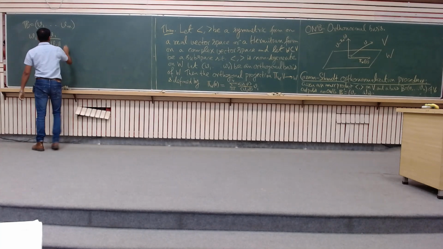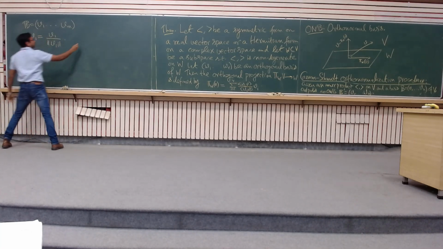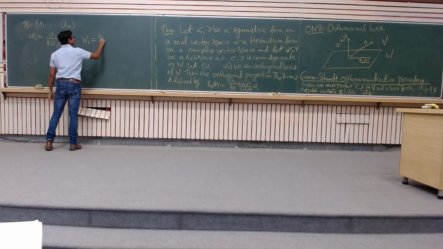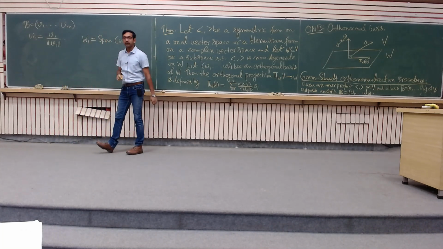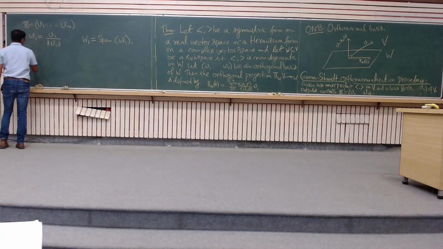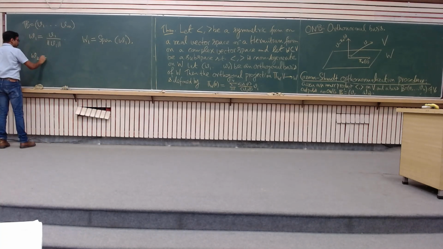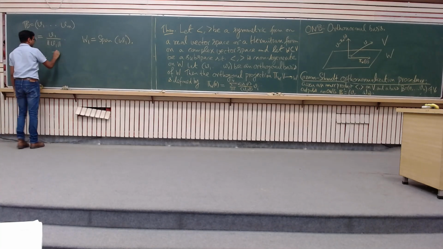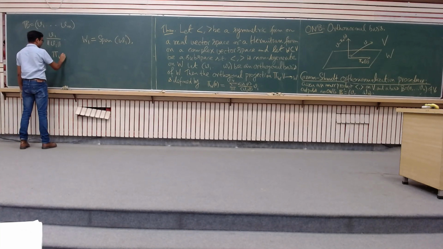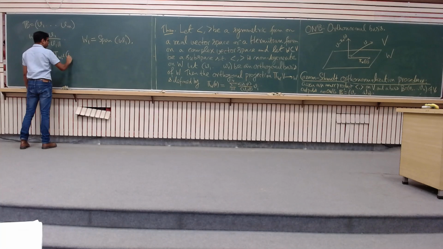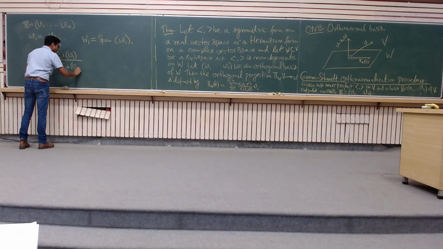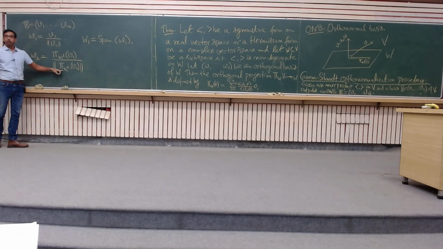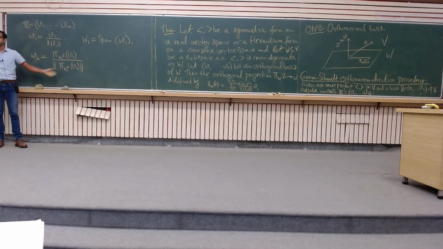So then take W1 as the span of w1. w2 you are going to define as pi W1 perp of v2 divided by the norm of pi W1 perp of v2. So you are taking the projection of v2 on W1 perp and then normalizing it.